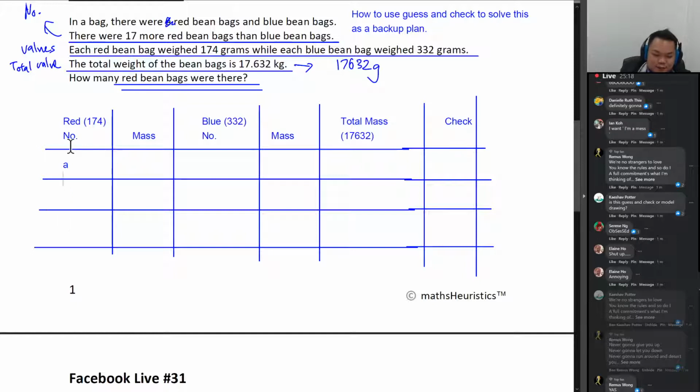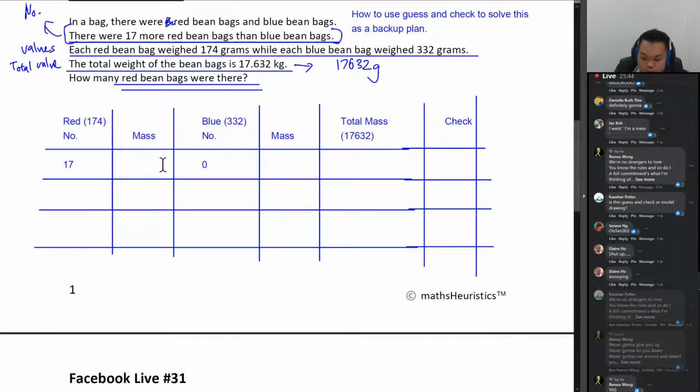Okay, so first things first, how do we define this relation now? Because the number of items is not the total number of items, it is a more than or less than relation. So to deal with this, you want to say that if you have got no blue bean bags, you are going to have 17 more red bean bags.